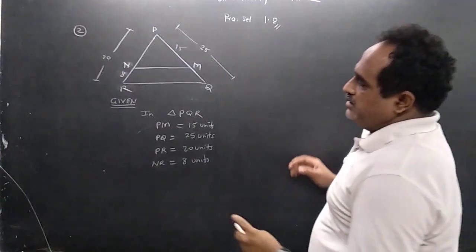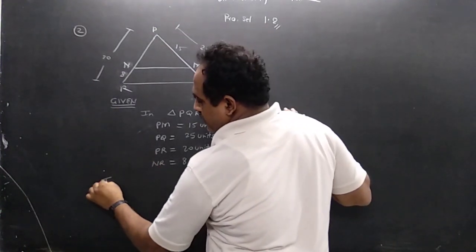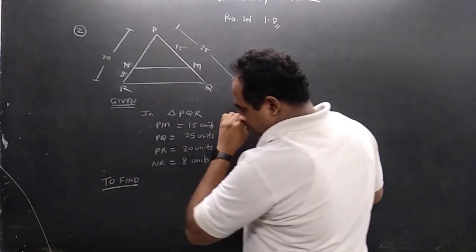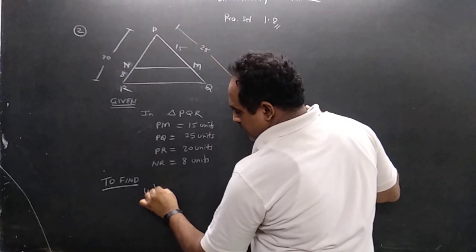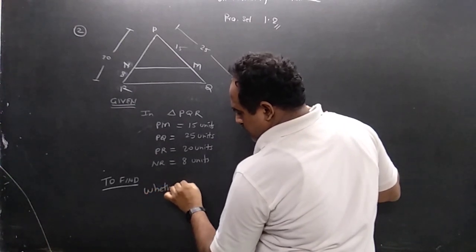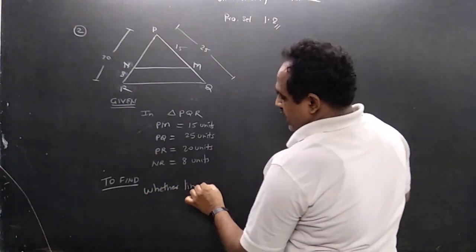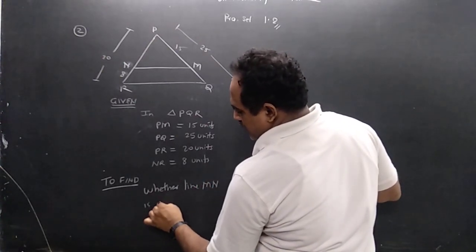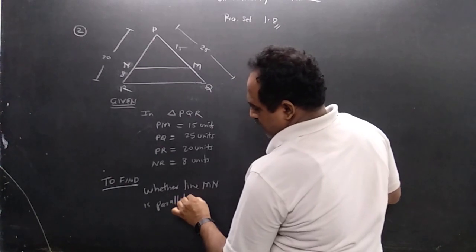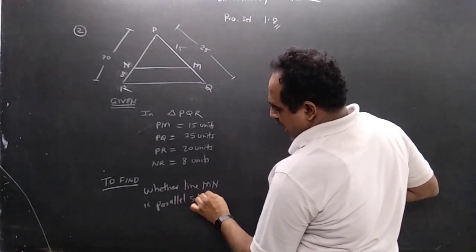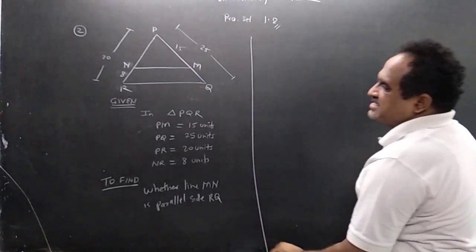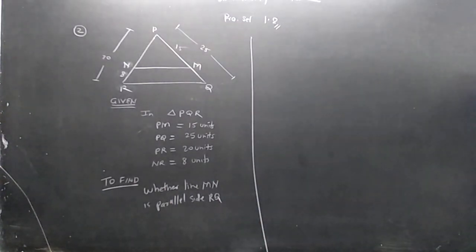They are asked to find whether line MN is parallel to side RQ. And for that we have to give reasons, which we are going to solve.